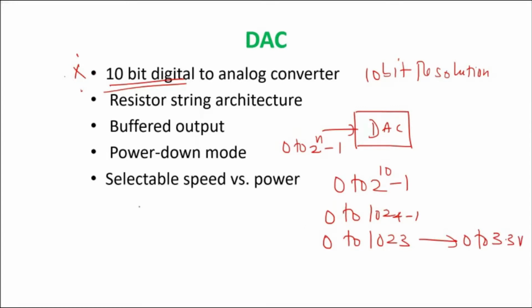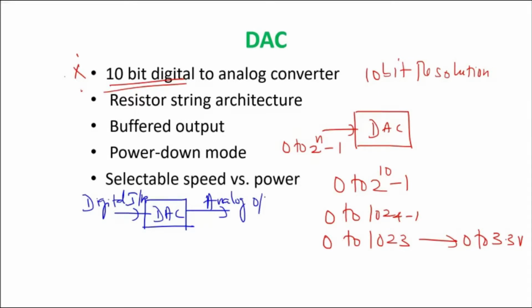You can assume this digital to analog converter as a black box. This black box takes digital data as input and converts the digital data into analog output. As a designer, you should know for what value of digital input, what will be the value of the analog output that is generated.